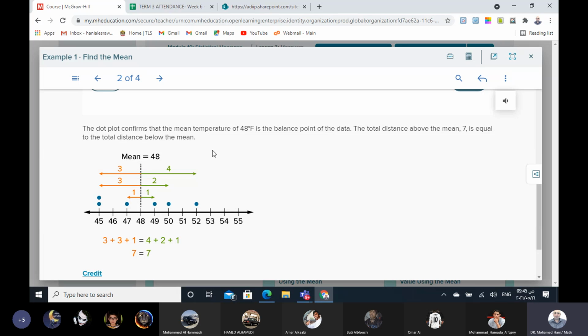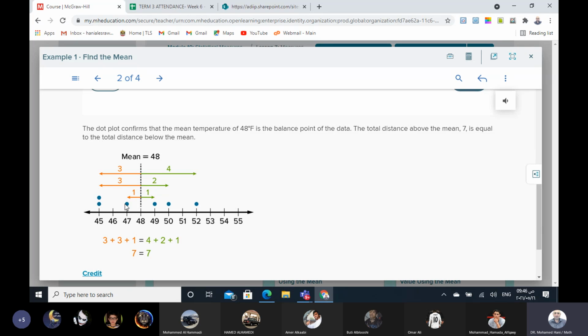Confirm that the mean temperature of 48 degrees Fahrenheit is the balance point of the data. The total distance above the mean, 7, is equal to the total distance below the mean. Here are the degrees: 45, 46, 47, and so on. At 45 we have 2 dots.